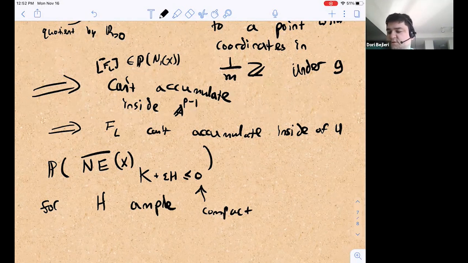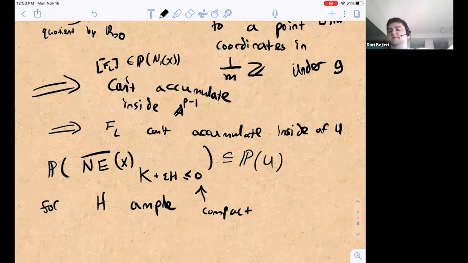We look at it's inside this projectivization of this U, and so these FLs are all integral points inside of this U. There are these discrete points in P of U, which is just this affine space.